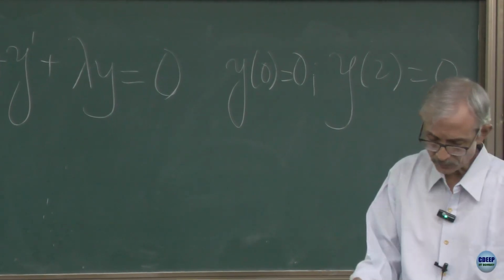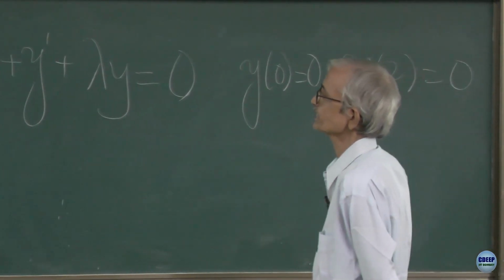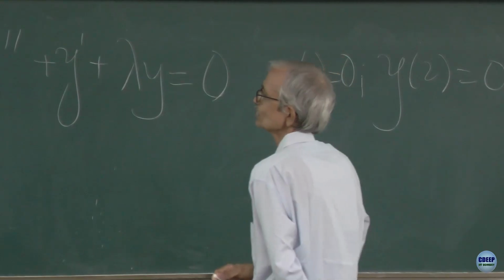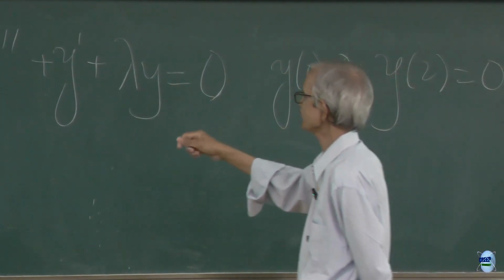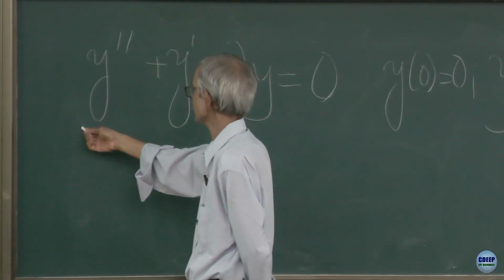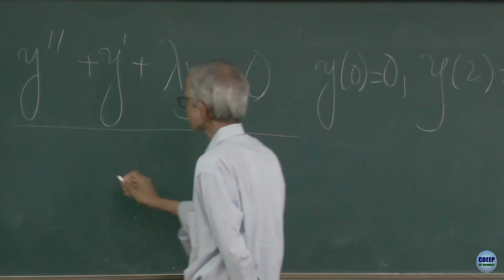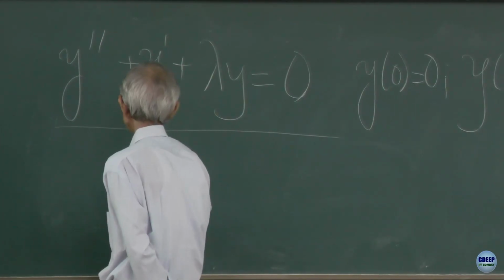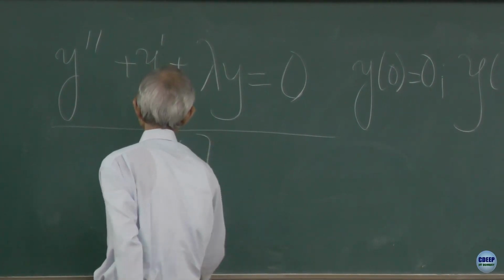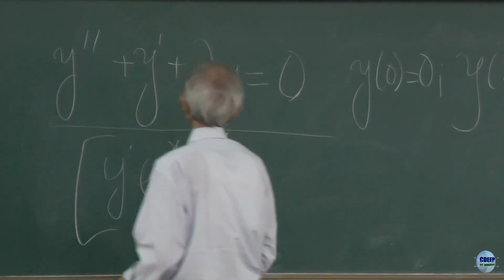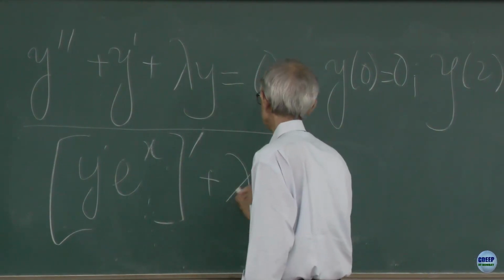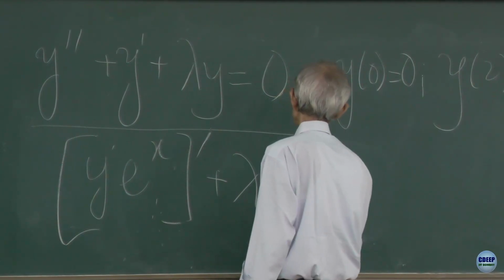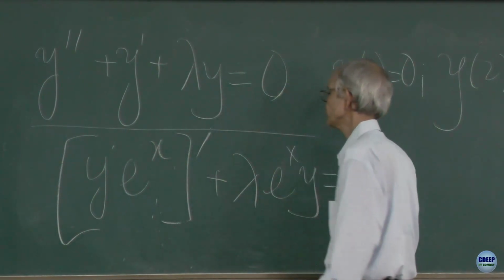In one of the earlier classes, we have seen there is a formal methodology to convert any equation of this form into the Sturm-Liouville form. In this particular case, it is fairly easy. You just say (e^x y')' plus lambda e^x y is going to be equal to 0.